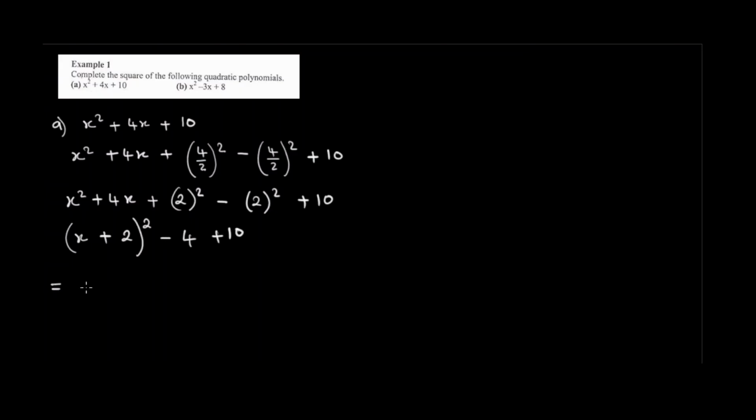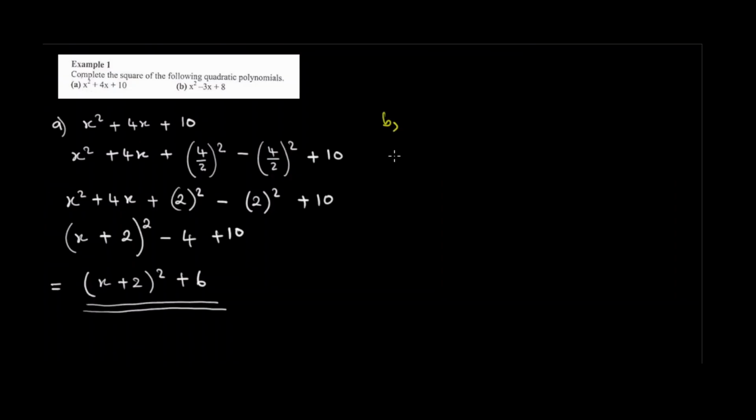So our final answer is x plus 2 squared, then minus 4 plus 10, that's plus 6. That is going to be our final answer. So to avoid confusion, remember we add half of the coefficient of x and immediately subtract it. Let us go to the second part, which is B.